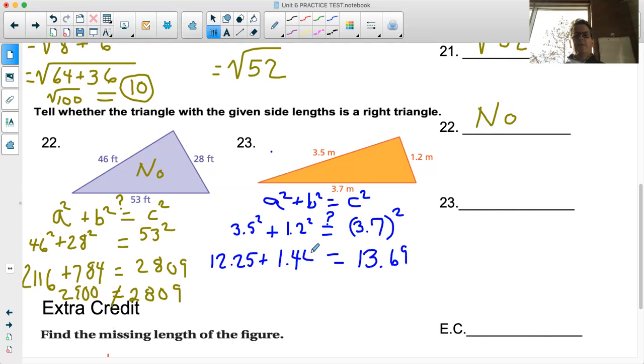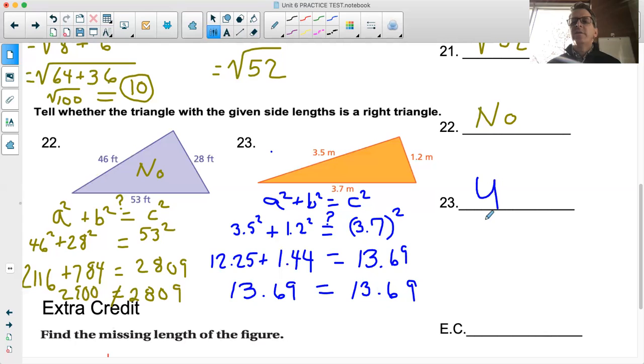If you add that to the 12.25, you get 13.69 on the left, and it is equal to 13.69 on the right. And so it is equal to each other. Yes, it is a right triangle.